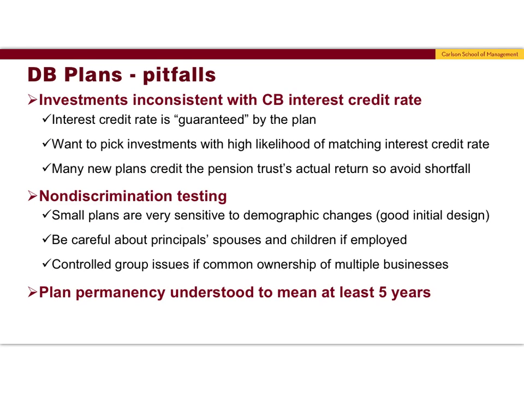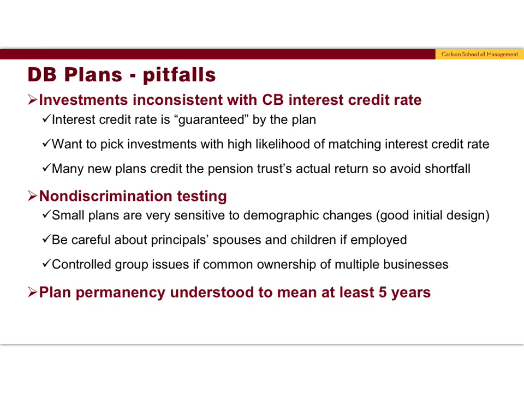One trap that cash balance plan sponsors sometimes fall into is that they choose plan investments that are not consistent with the cash balance interest crediting rate. Recall that the interest crediting rate is the rate of return that the plan guarantees to plan participant account balances each year. Because of this guarantee, employers will want to pick investments with a high likelihood of matching the interest crediting rate.